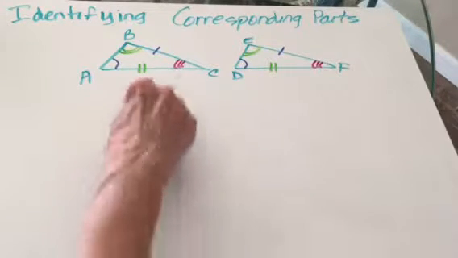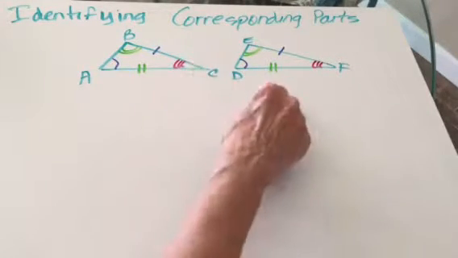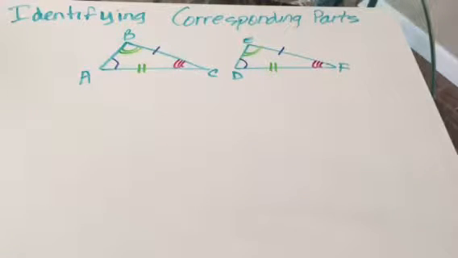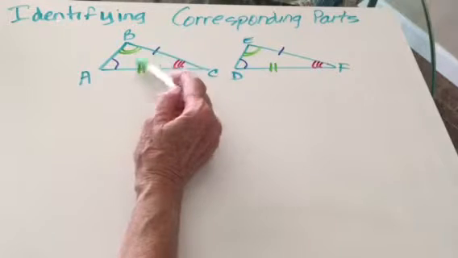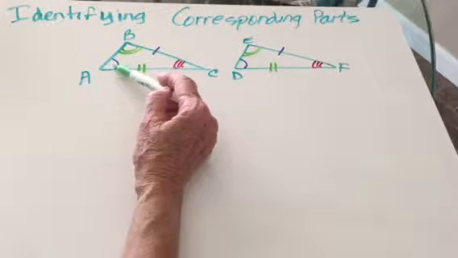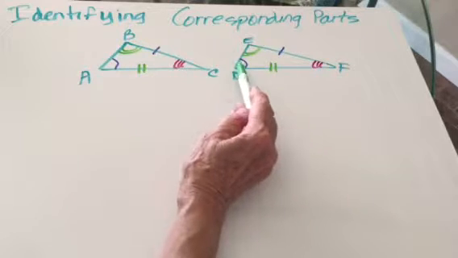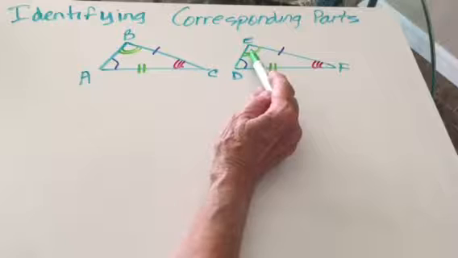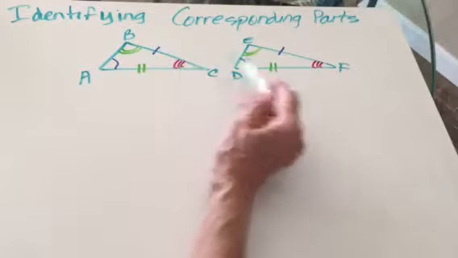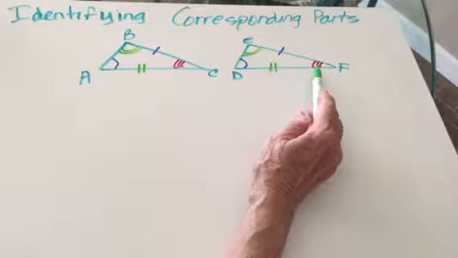Okay, I have two triangles here, and I know that they are congruent, and the reason I know that is because this angle here, the blue angle, goes with this blue angle, and it means that they're the same size. This green angle goes with this green angle, means it's the same size. This red angle goes with this red angle, and it means it's the same size.